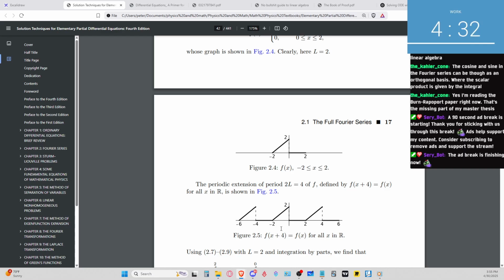When I think of continuous I think of curves, but now these are just straight triangles.